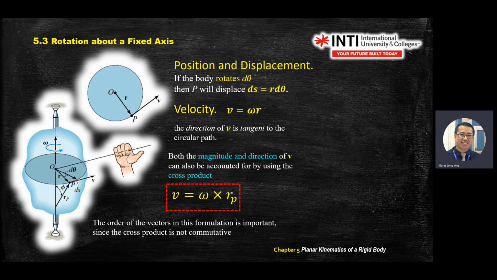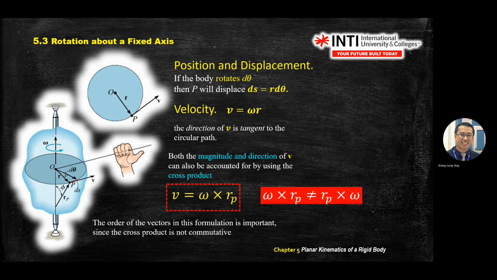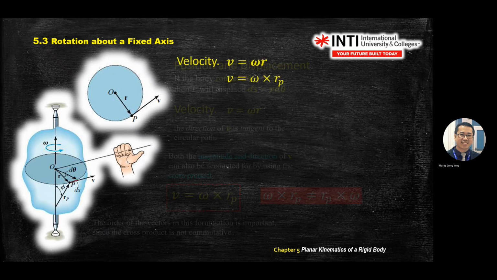It already shows you how to do it, all right? Again, reminder, omega cross r_P will not be the same as r cross omega. Direction will be different. One this side, one that side. Yeah, we always take omega cross r.